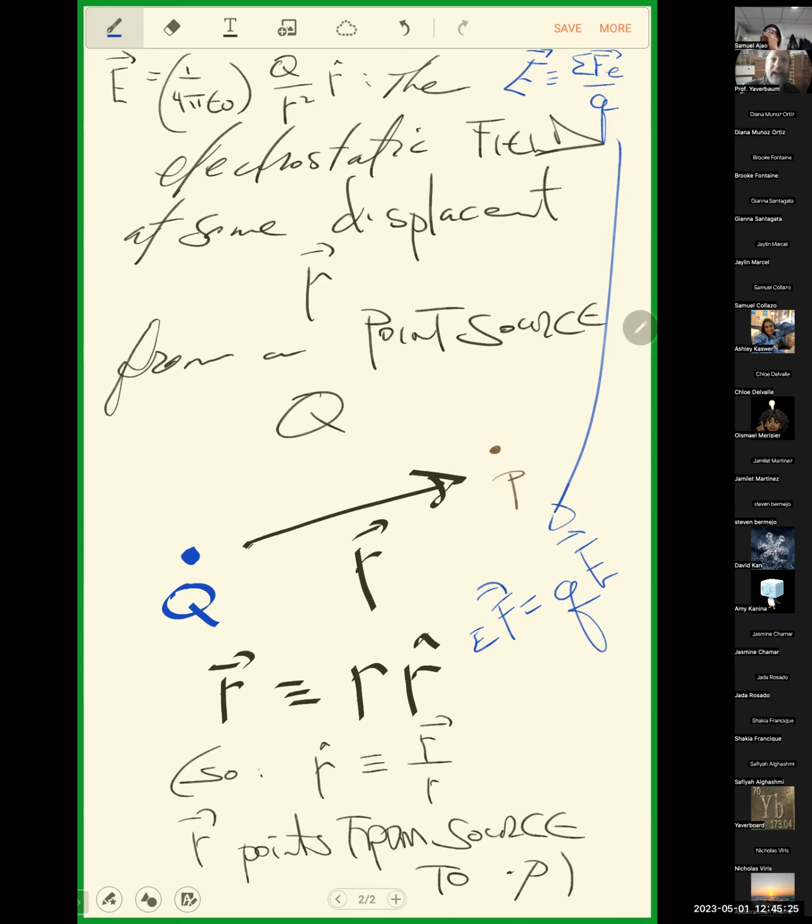Masses and charges seem to push and pull other masses and charges, A, through empty space, at a distance, without touching them, and B, in a manner that is precisely quantitatively determined by properties of these two objects that are not touching. A proton pulls on an electron with a number of newtons that is precisely determined by how much charge the proton has, how much charge the electron has, and how far apart the two of them are.